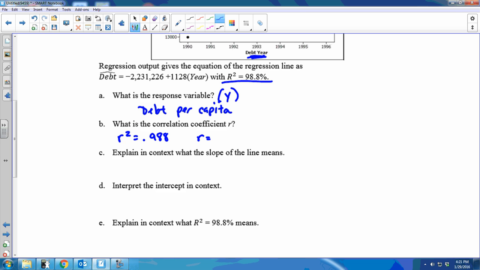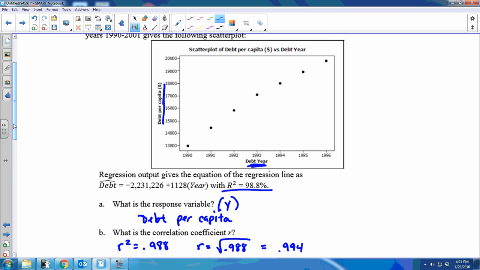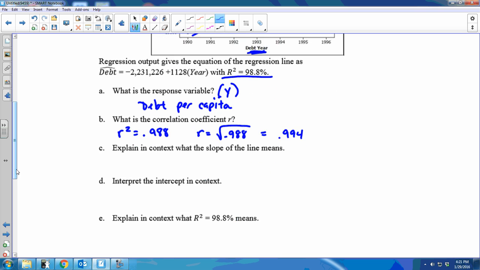And so R would be the square root of that, which is 0.994. Then we need to look at the scatter plot, and this is positive, so we leave it as a positive. If it had been negative, you would need to put a negative in front of it, because remember the slope of the regression equation has to match the correlation. So the sign needs to match.